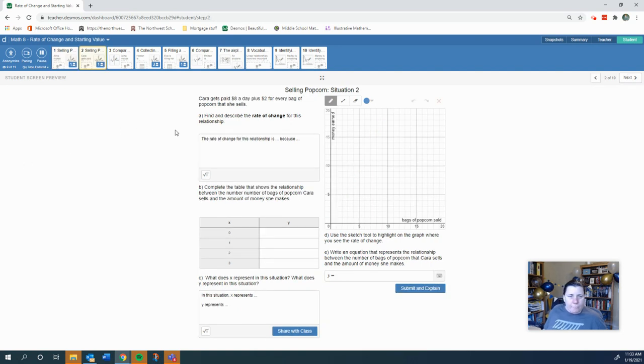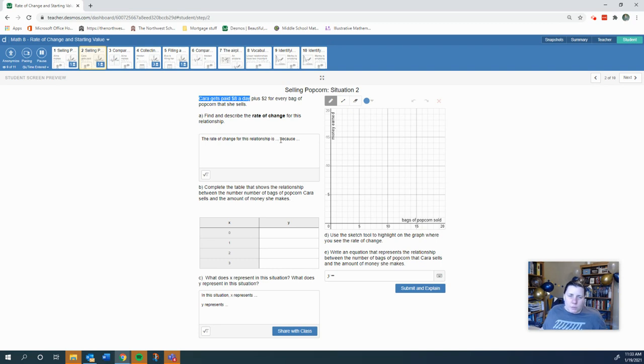Next. Kara gets paid $8 a day plus $2 for every bag of popcorn she sells. This situation is very similar to Alina's situation. The only thing that's different is that Kara gets paid $8 per day. So this is the same.